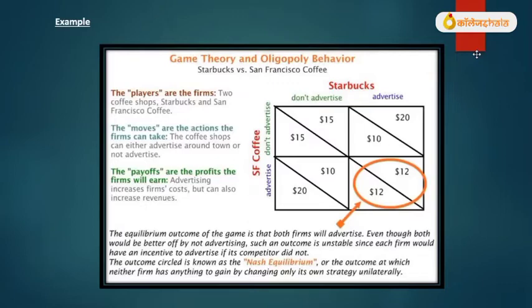But in the case of $12, they are not changing their strategies, because in that case both are doing advertisements and they are having a good enough profit. Okay, see the last line. The outcome circled is known as the Nash Equilibrium, the outcome at which neither firm has anything to gain by changing only its own strategy unilaterally.